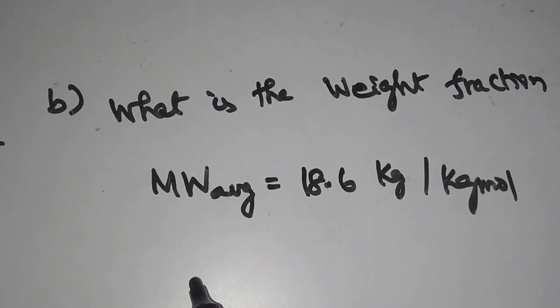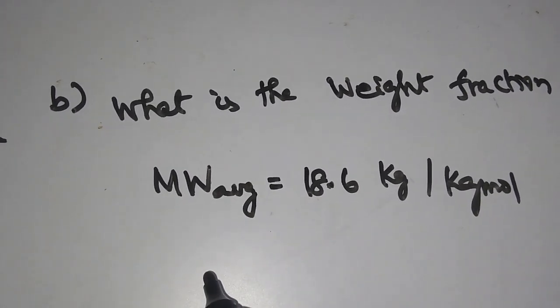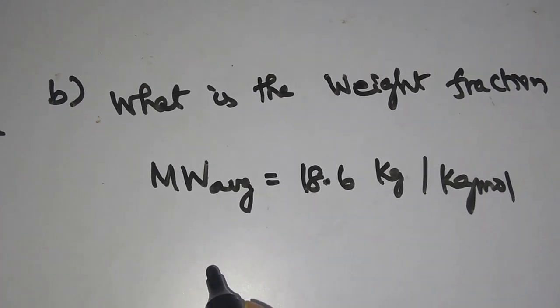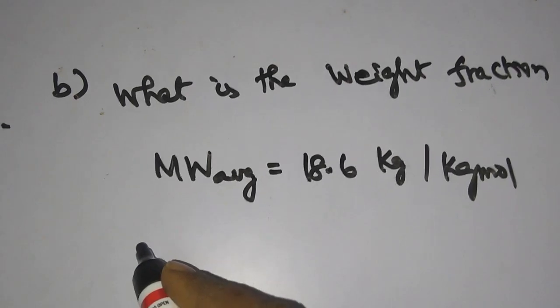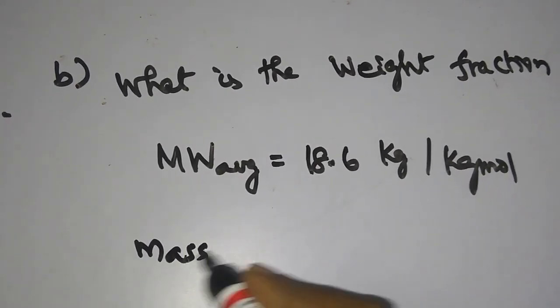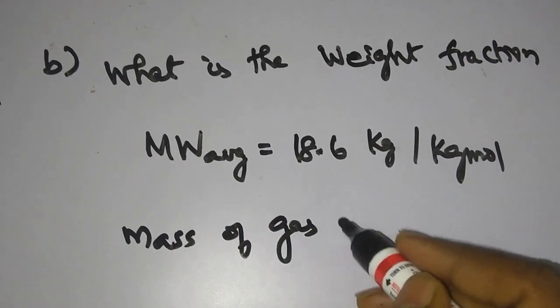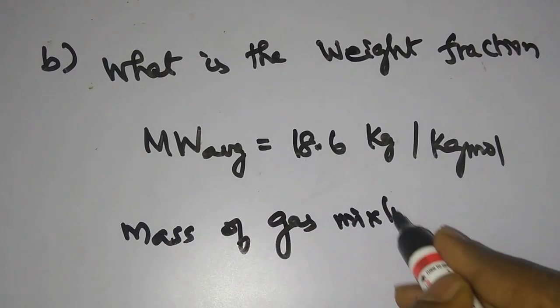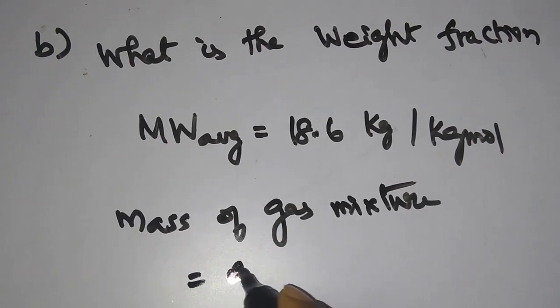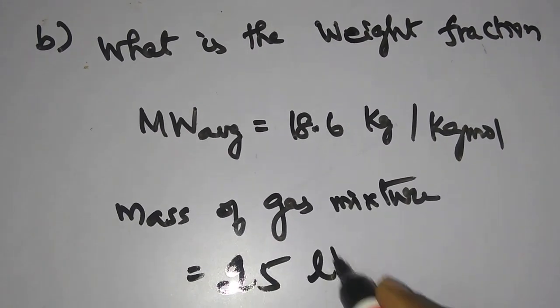We can take a basis of total mass of the gas as 1 kg, then proceed. Or in this problem, the mass of the gas mixture is given. Mass of the gas mixture is equal to 25 pounds.